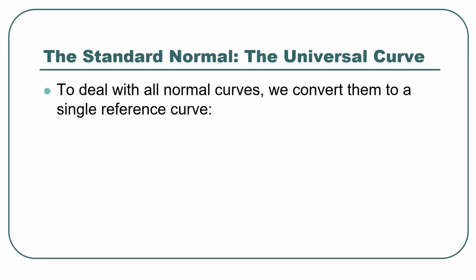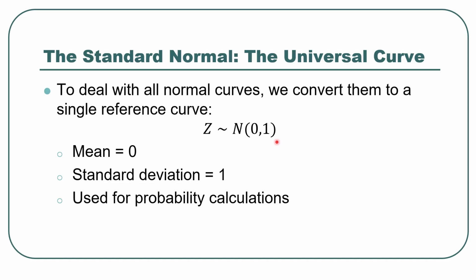In the standard normal distribution, we have a mean of 0 and a variance sigma squared equal to 1. And this curve, the standard normal curve, is the main player when we calculate probabilities.